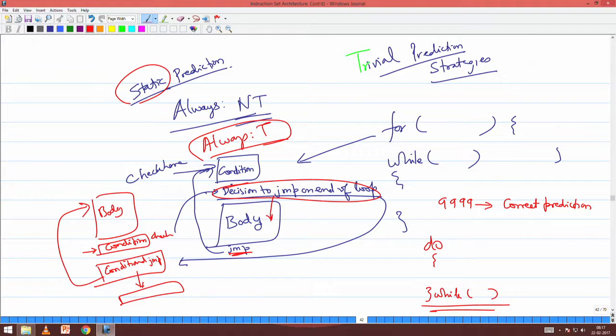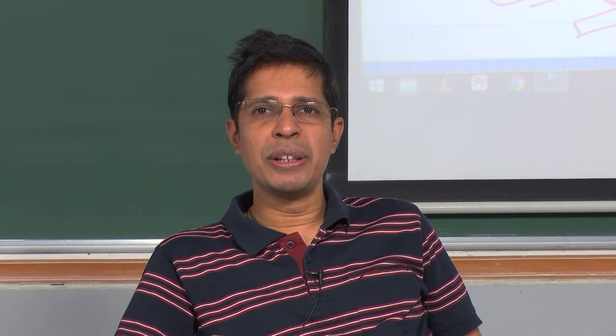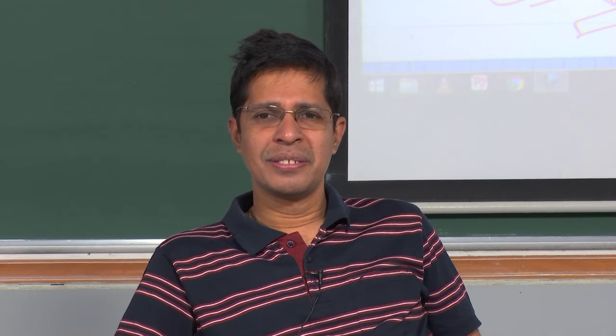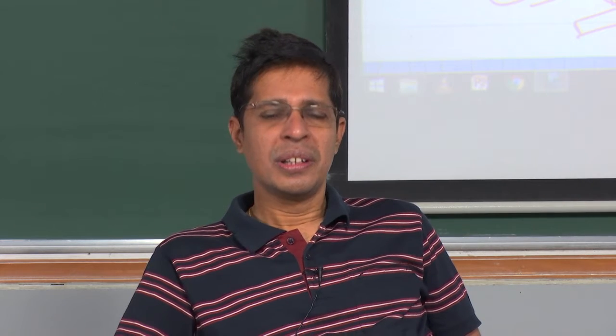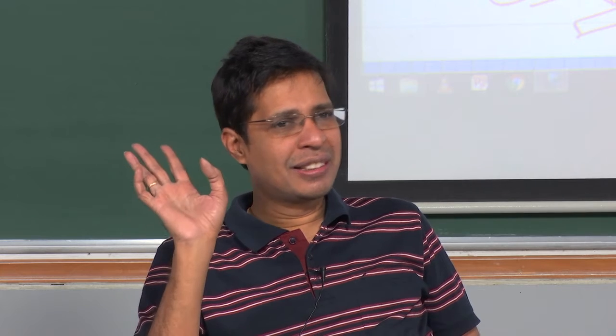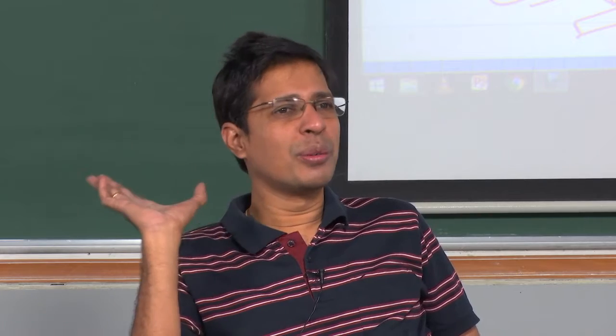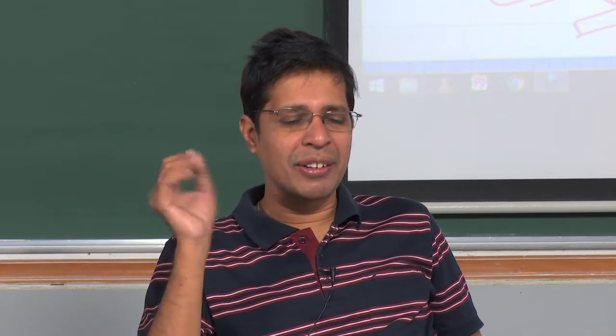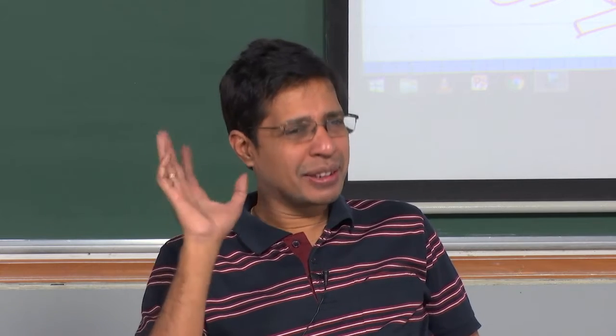You got my question? Yes, okay. Give me the answer. For what program? The compiler can translate it always into either one form or the other. Correct? So that's the interesting question. So the compiler guy will tell the architect, you decide and tell me what you want to do. So the architect will say, okay, always not taken is preferable.